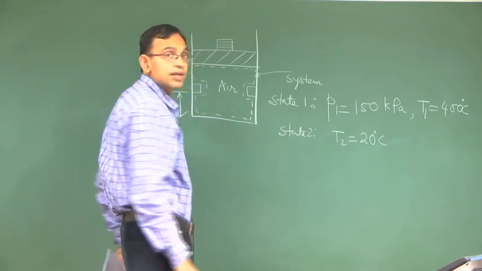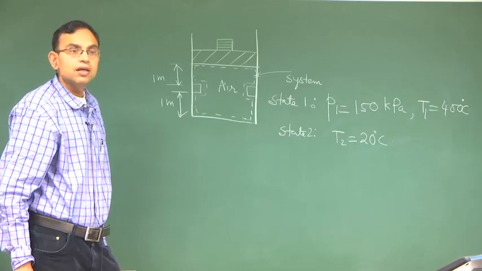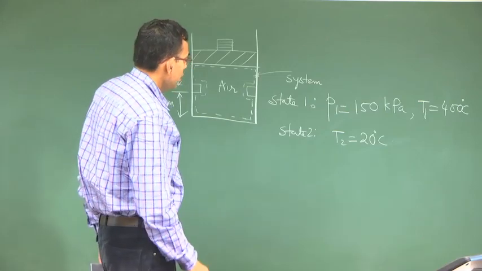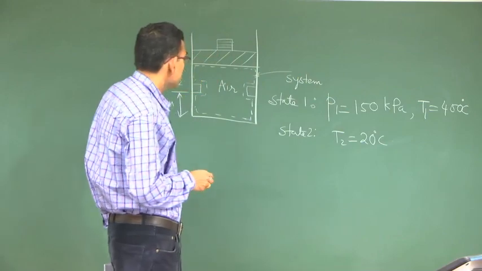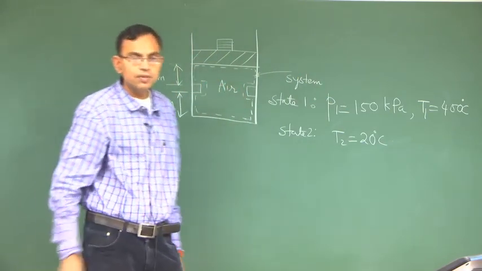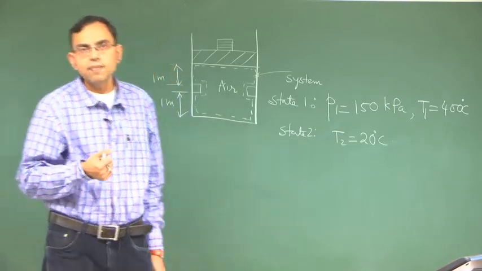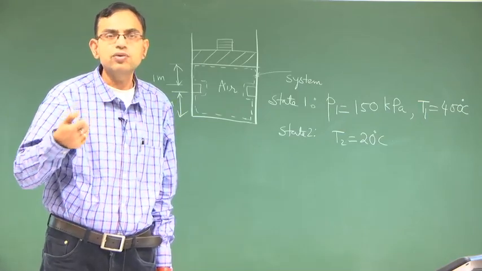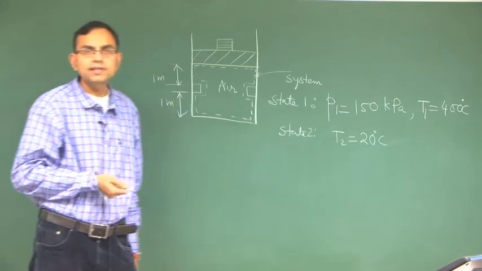So, let us try to address the first question, that is whether the piston will hit the stops or not. Now, first of all, what kind of substance is this air, that we have to figure out. In thermodynamics there are certain substances which are phase changing substances, and you require to read the property table to evaluate their properties.